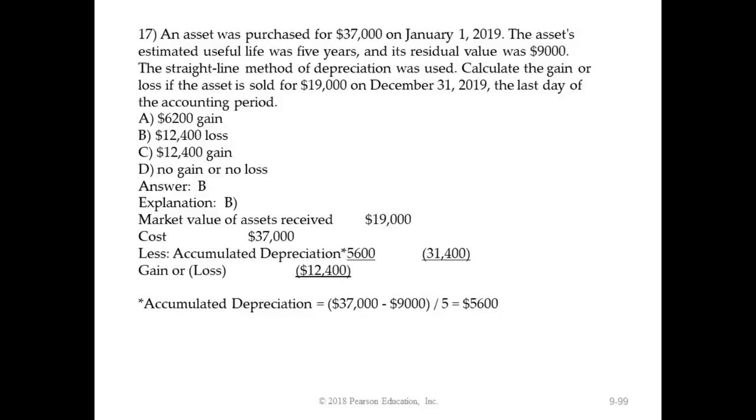So my book value of the asset is going to be $31,400. Now the cash that I'm getting is $19,000. Cash is a lot less than the book value of the asset. So again, I'm going to take $19,000 minus my book value of $31,400, and I'm going to come up with a loss on this one. This is going to be a $12,400 loss on this one. This one's B.